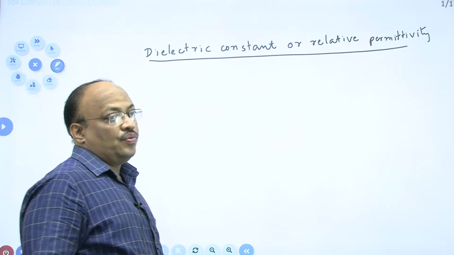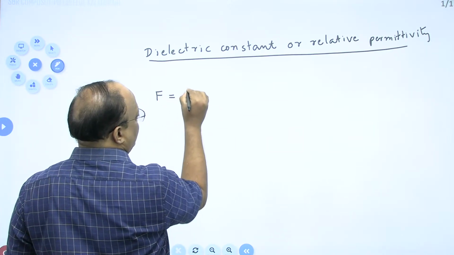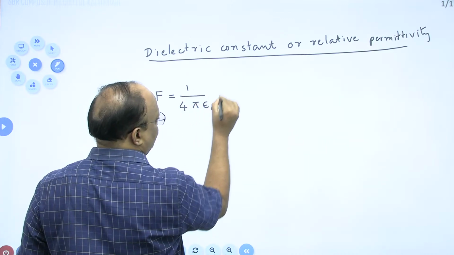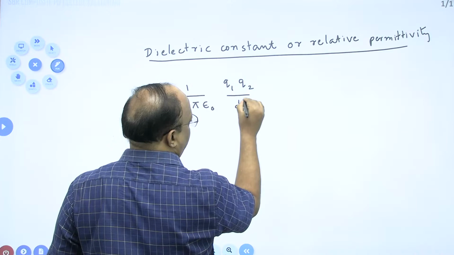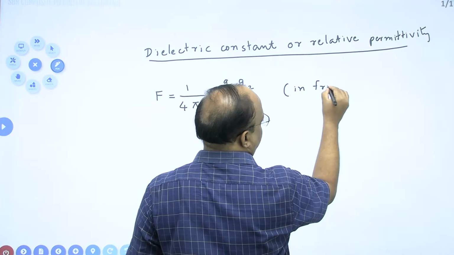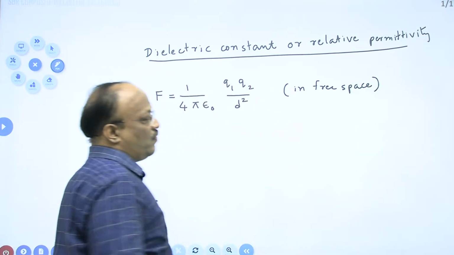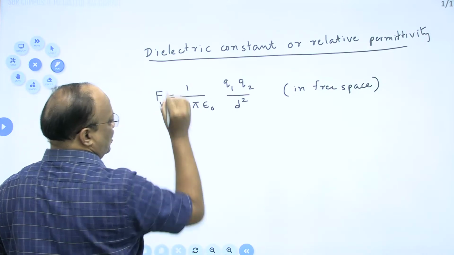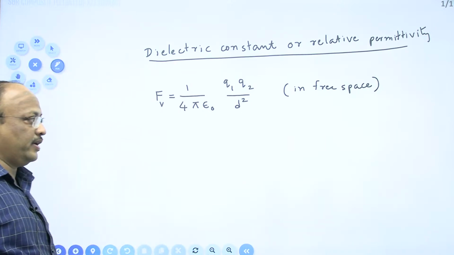See, when I apply Coulomb's law in free space, this will be 1 by 4 pi epsilon naught q1 into q2 by d square. In free space, in vacuum, the force in vacuum is F equal to 1 by 4 pi epsilon naught q1 q2 by d square.